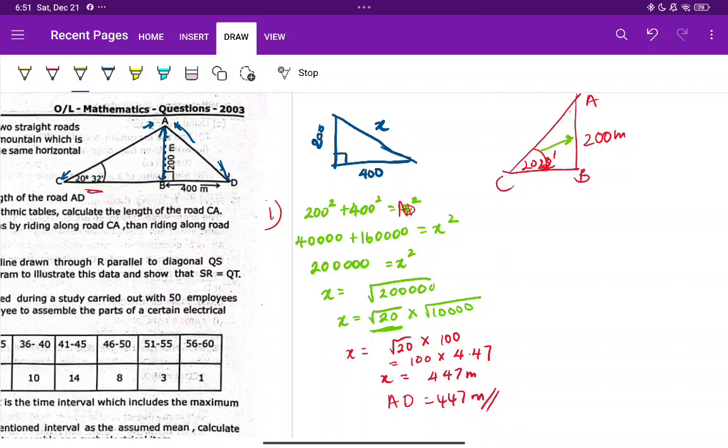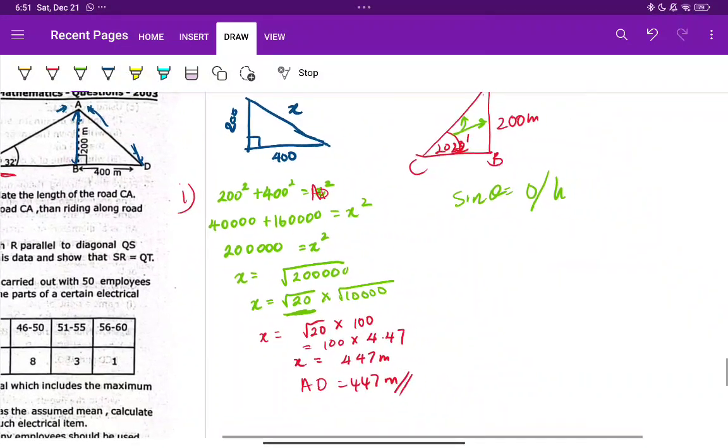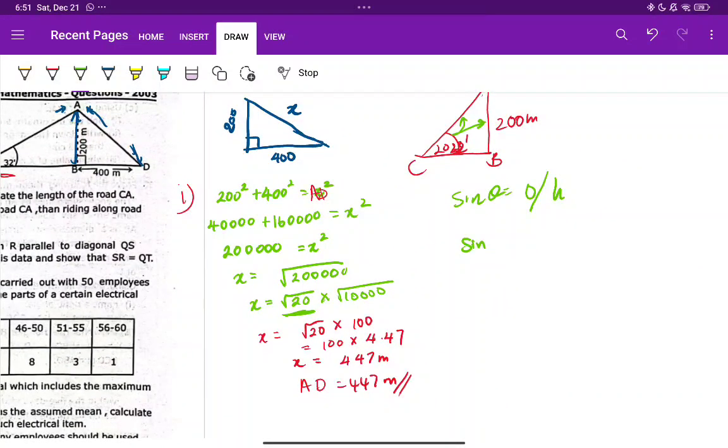AB is the opposite of the angle, and the side we are looking for is the hypotenuse. Opposite and hypotenuse, so the ratio is sine theta. So sine 20 degrees 32 minutes is equal to opposite divided by hypotenuse.